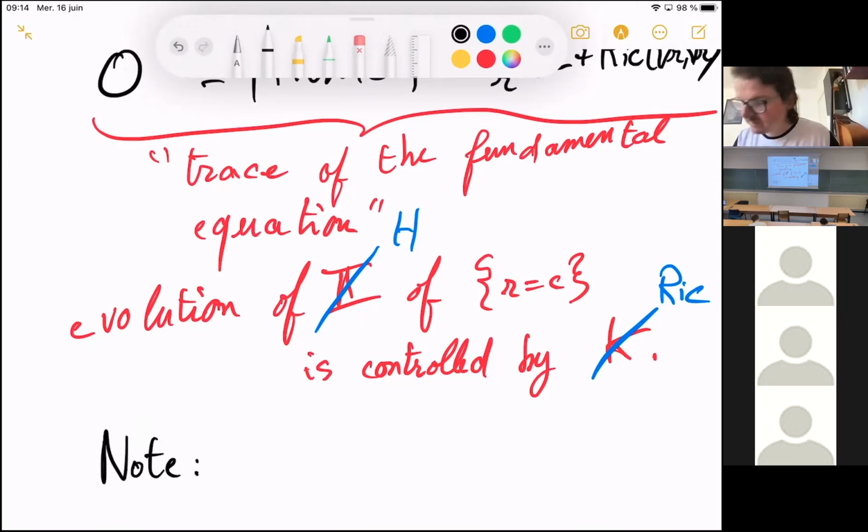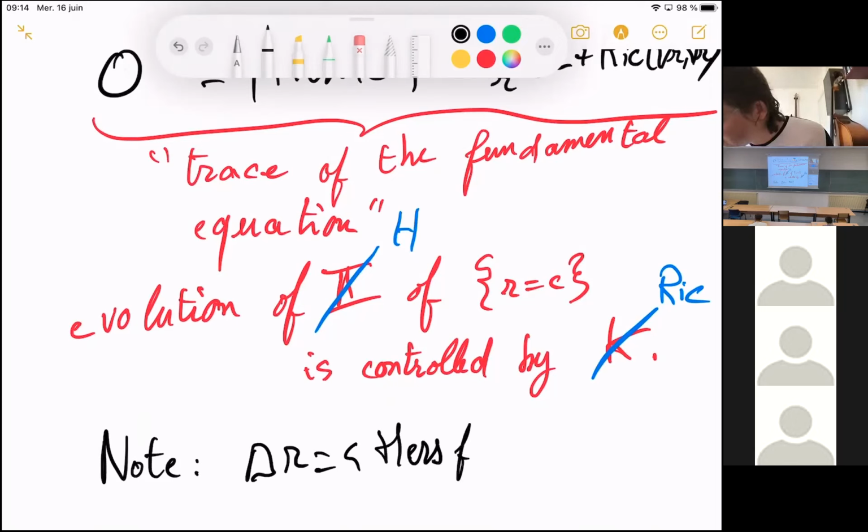You can see the Laplacian of r as an inner product of the Hessian with respect to, not the metric, you have to be careful, but the metric restricted to the orthogonal to the radial direction, because the Hessian of r has a zero eigenvalue, so you can write it like that.